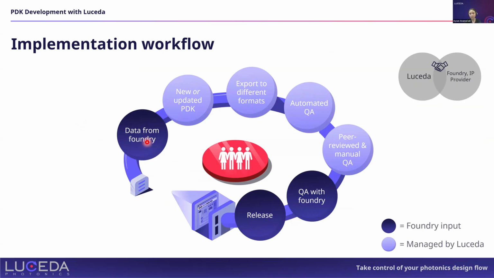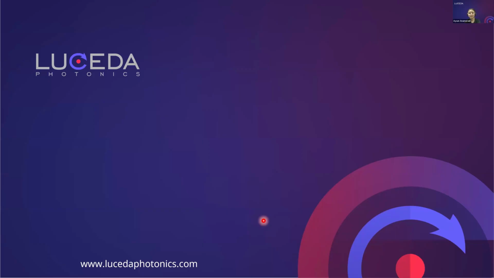We can also generate a Luceda format of the PDK, and then again maintain it, then again export to different formats, do automated and peer-reviewed quality assurance within Luceda and also with the foundry. So then the PDK is ready to be released. Thank you for your attention. Now, this was my presentation.